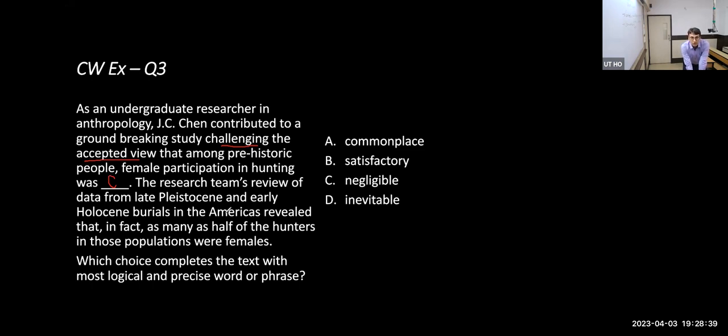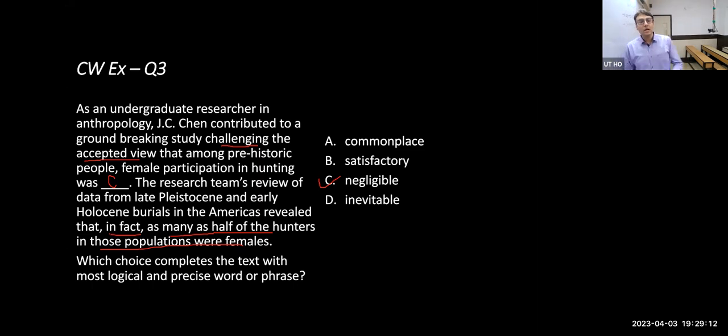The research team's review of this data revealed, in fact, as many as half of the population was female. Negligible makes a lot of sense. There was a claim that it was negligible. This claim was challenged, and a contrarian view came out that no, almost 50% or more were females. So you were absolutely right when you ruled out commonplace.